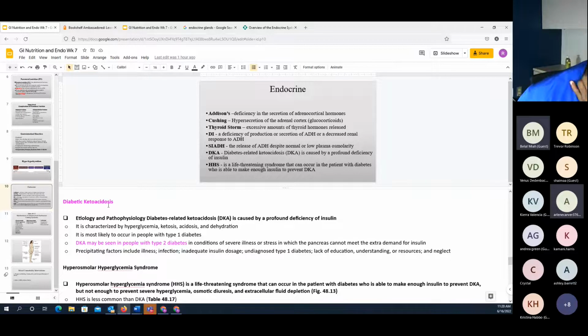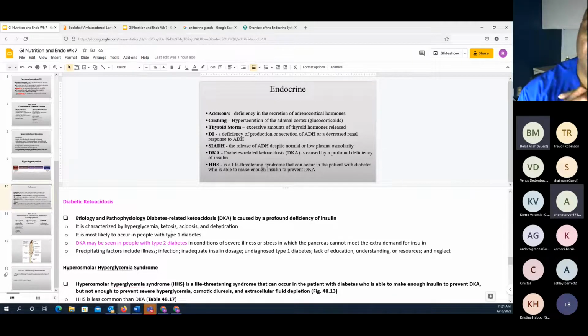So with DKA, DKA occurs because the pancreas is typically not producing any insulin at all. So you would typically find it in your type 1 diabetic patients. With type 2, you will find mostly hyperosmolar hyperglycemic syndrome, or HHS.